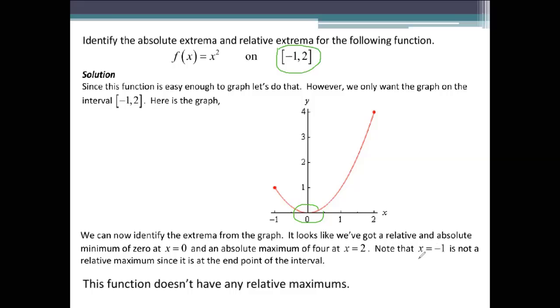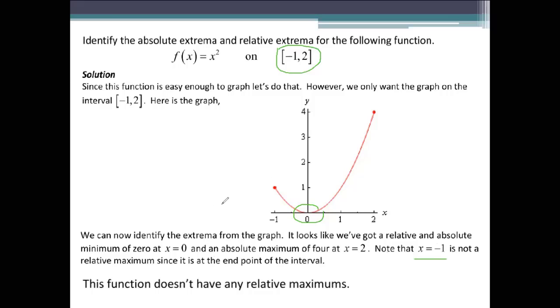And note that x equals minus 1 is not a relative maximum since it's at the endpoint of the interval. It is not a relative maximum because it should be in the open interval around this point. In our case, this is an endpoint, so we cannot call this point a relative maximum point.